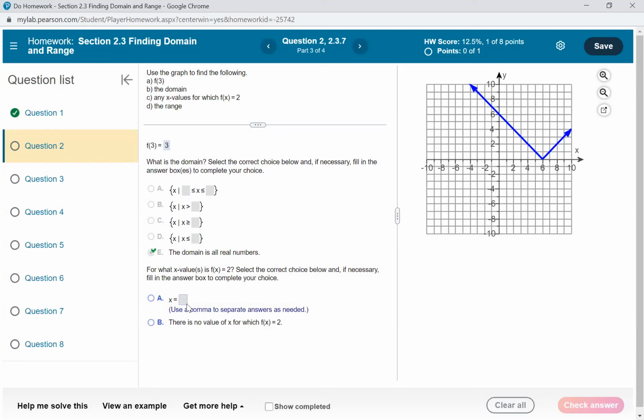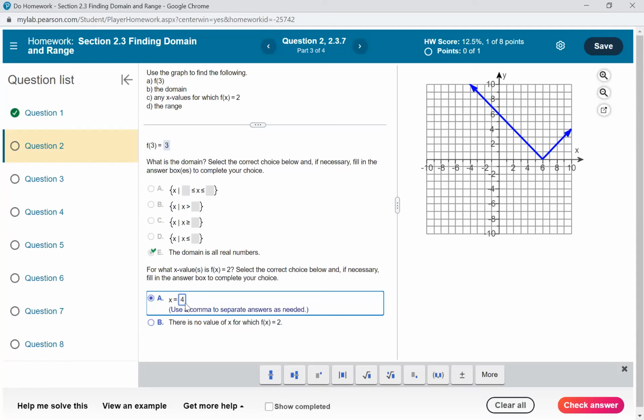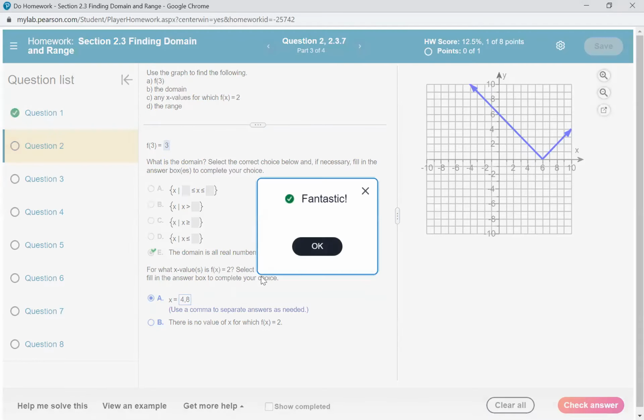So I would come down here, put in my 4. But if you notice, if you keep going to the right, the Y line of 2 intersects it again. And y'all, that looks like, what's that, an 8? So at 8, it also has a Y value of 2. So 2 points had a Y value of 2. Then we would check it.